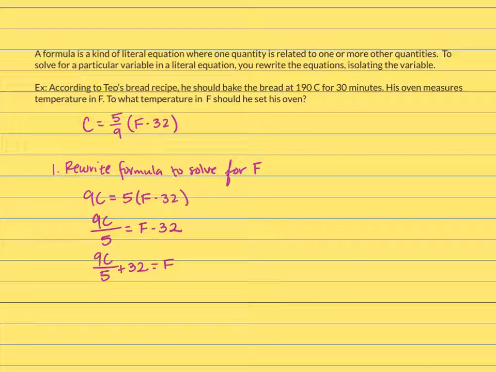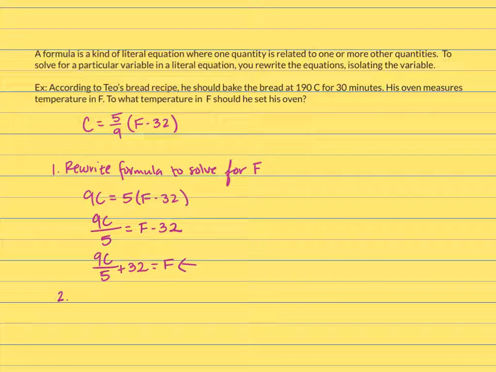So to find the value of Fahrenheit compared to Celsius, I just plug it into this new formula. Okay, so for step 2, I want to know how many degrees in Fahrenheit it is if it's 190 degrees Celsius.